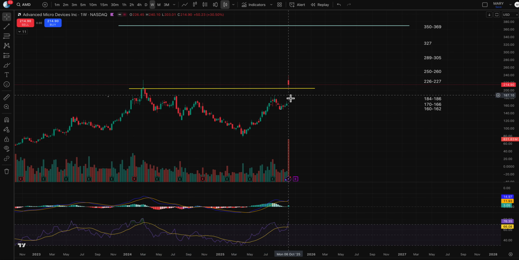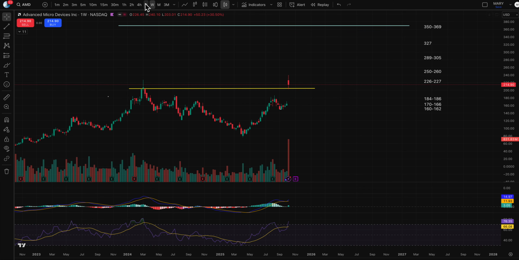And if it falls below 203, there is a gap between 203 all the way to 170. Right here. You have a gap from 203 to 170, 171.